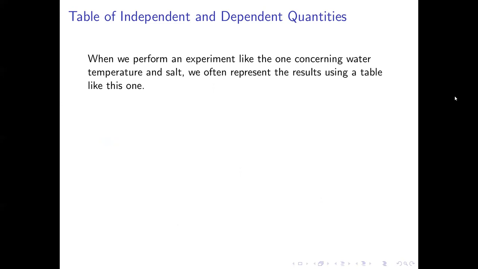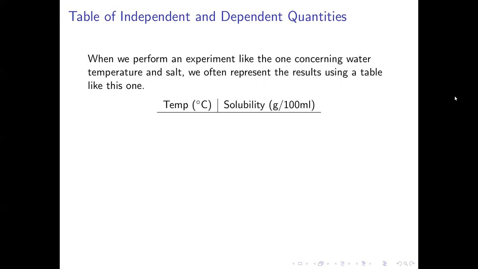Now, let's think about what we might do mathematically with the results we get from our experiment. It's very common, if you do the sort of thing we just described in, say, a chemistry lab, to represent your results using maybe a table. It might look something like this. We would have a column with the different temperatures that we've set the water to.